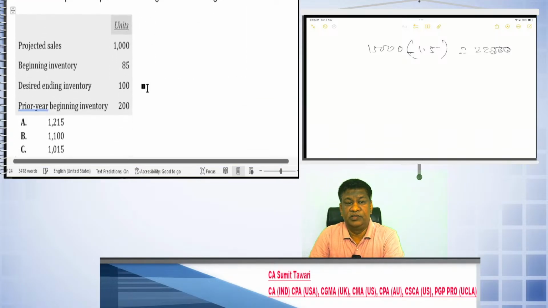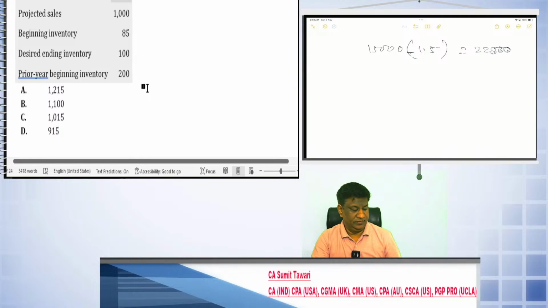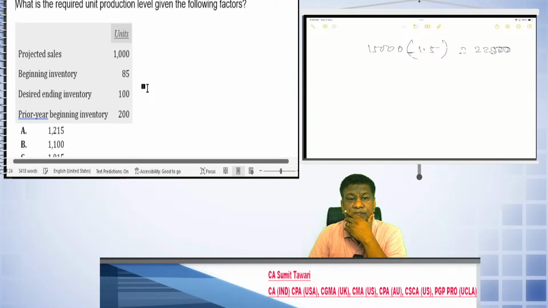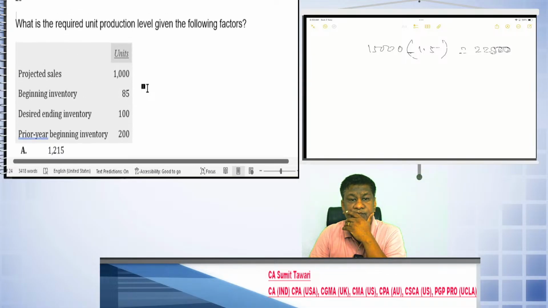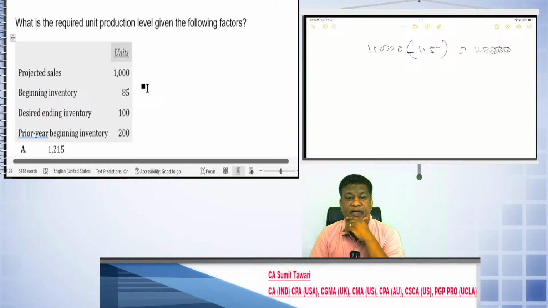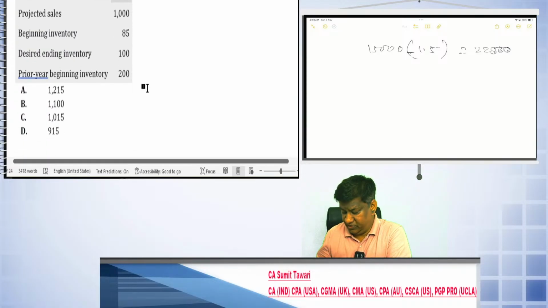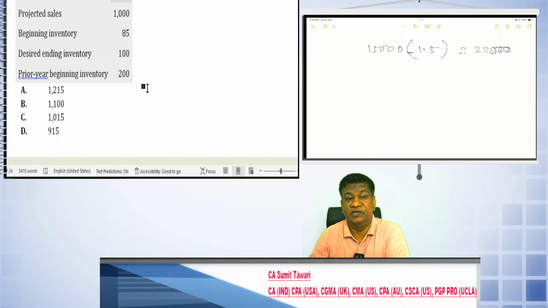Question number 25. C, 1015. Yeah. So how we calculated this? Project beginning inventory, desired ending inventory, and the prior year beginning inventory.